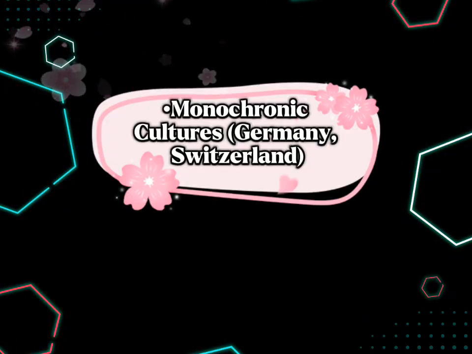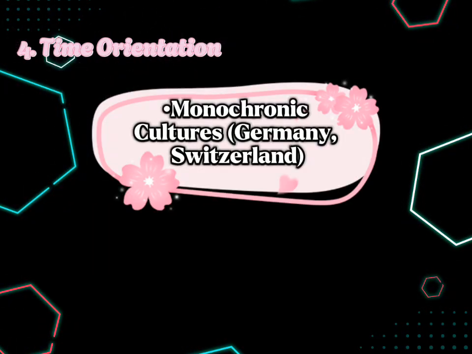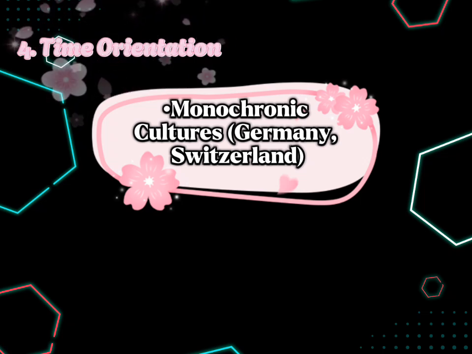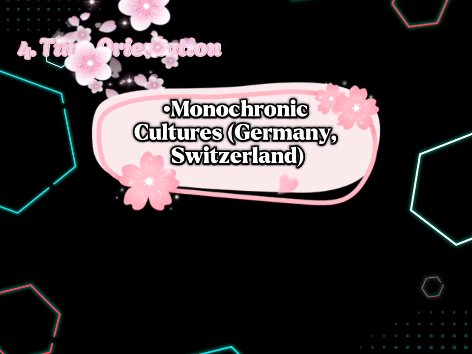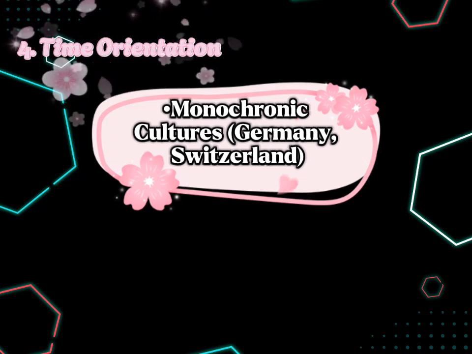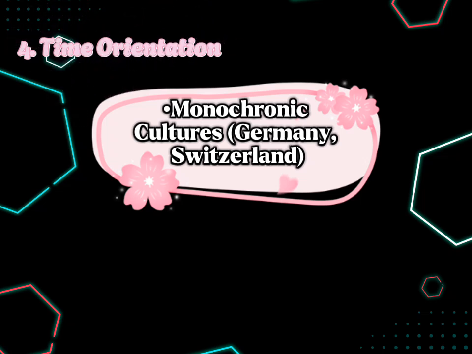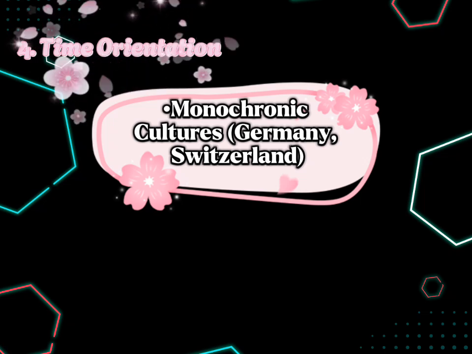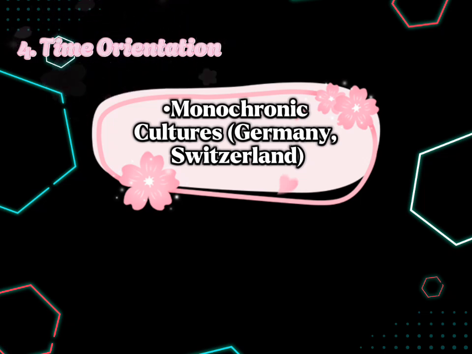Fourth is time orientation: monochronic cultures and polychronic cultures. Monochronic cultures are like Germany and Switzerland. Communication is organized and focused on time. People prefer clear schedules, follow a step-by-step approach, and value punctuality, often using structures, presentations, and timelines.